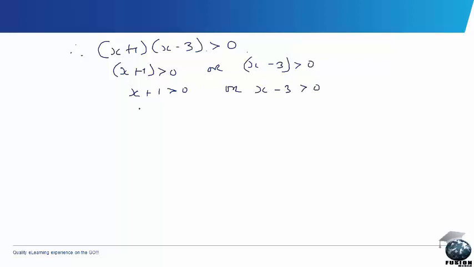Remember that when you subtract numbers, the sign changes, but when you add numbers, the signs do not change. So when we want to make x stand alone here, we subtract 1 from both sides, and x is greater than minus 1. For the other, we want to remove 3, so we add 3 to both sides, and this virtually does not change the inequality.